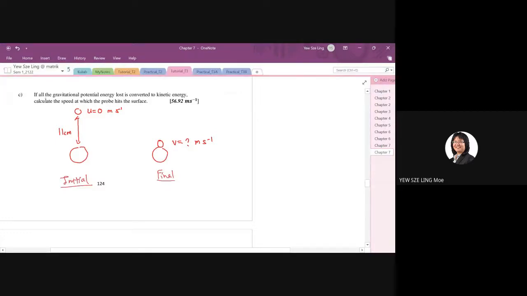If you look at the question, it tells you all gravitational energy loss is being converted into kinetic energy. And we know energy is always conserved.